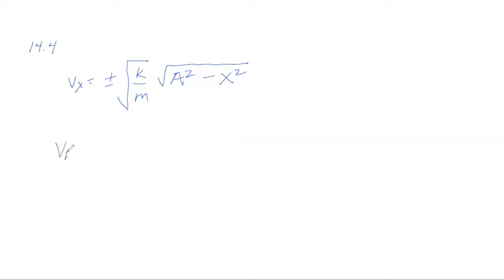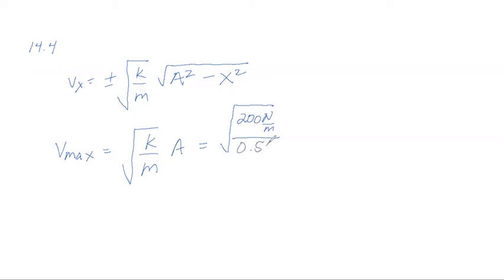So v max equals square root of k over m times A. And that's going to be equal to square root of 200 newtons per meter divided by 0.50 kilograms times 0.020 meters. And v max is going to be 0.40 meters per second.